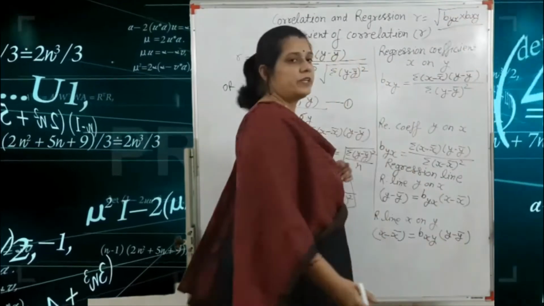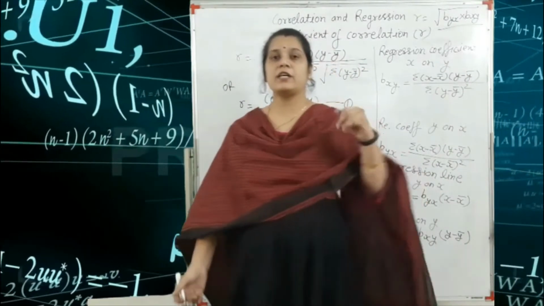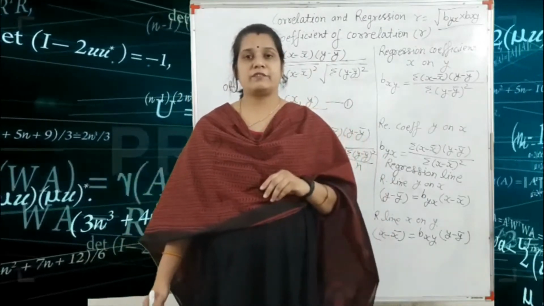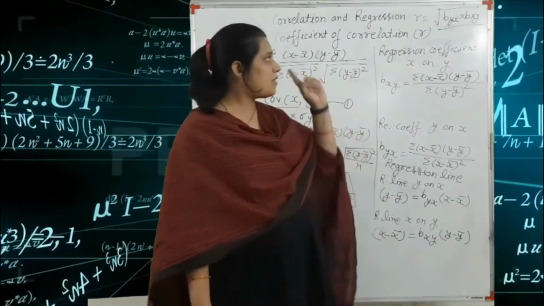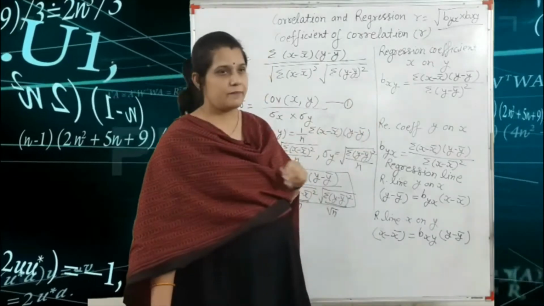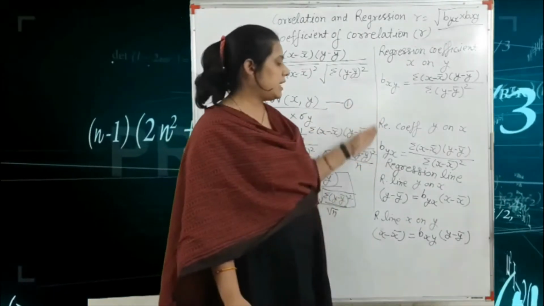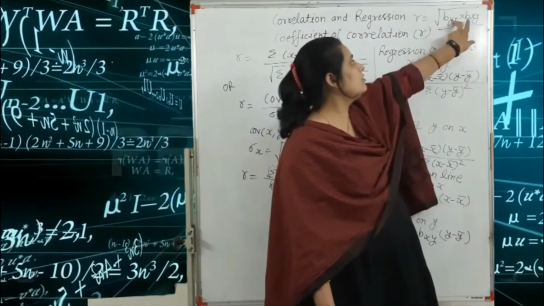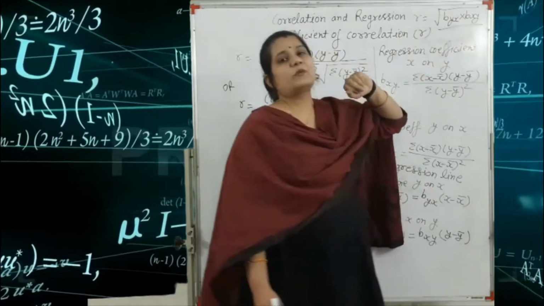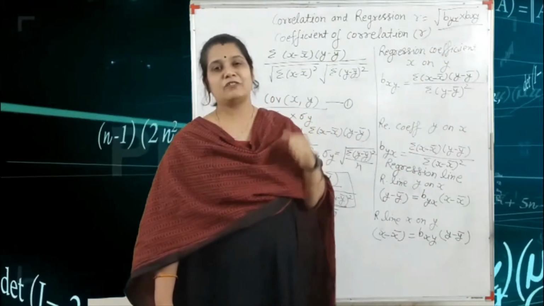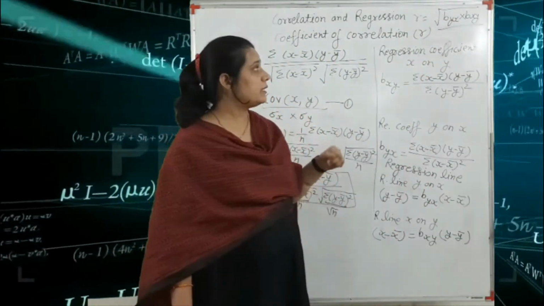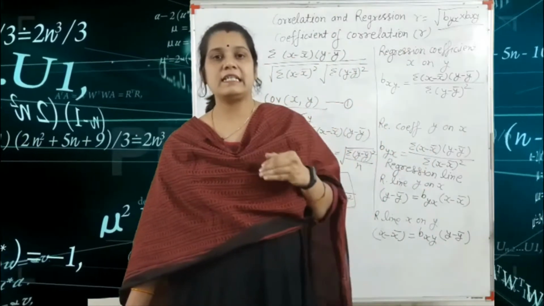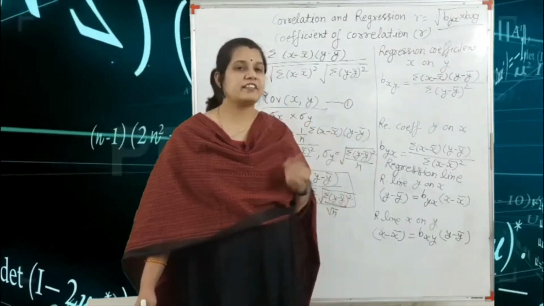In case your question asks to find the correlation coefficient and the two regression coefficients, first you find byx and bxy, the two regression coefficients, with the help of these formulas, and after that you put both values in this formula and get the value of the correlation coefficient. So with the help of properties, we solve very easily for the correlation coefficient and the regression coefficient.